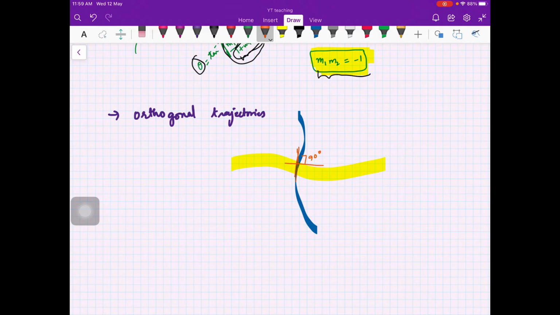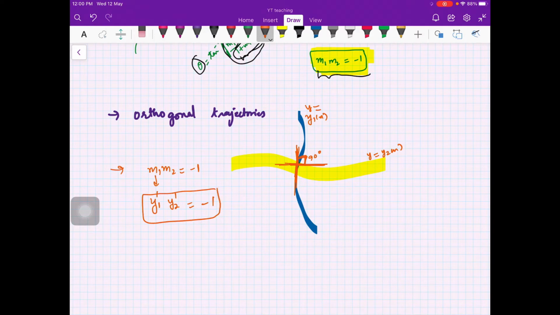If you draw tangents to both the curves and measure the angle between these two lines, you will get 90 degrees. And the mathematical condition is m1 m2 is equal to -1, where m1 is the slope of the first curve and m2 is the slope of the second curve. If the first curve is y is equal to y1(x) and the second curve is y is equal to y2(x), then m1 will be y1 dash and m2 will be y2 dash, of course at the point of intersection, and the product should be equal to -1.